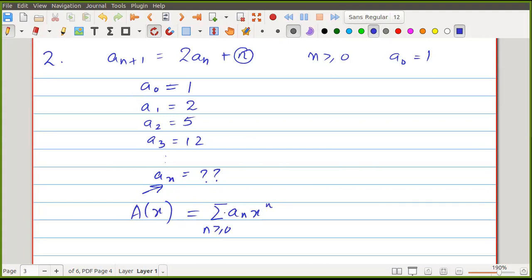So as before, we multiply each term of this sequence by x raised to n, and then sum from 0 to infinity. So we are going to get an plus 1.